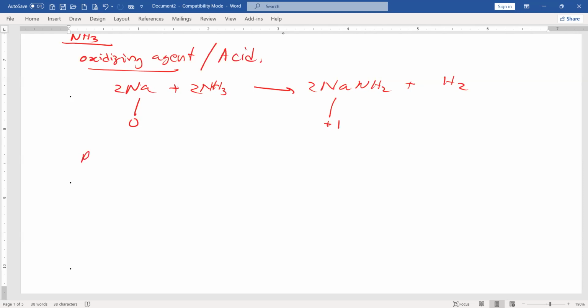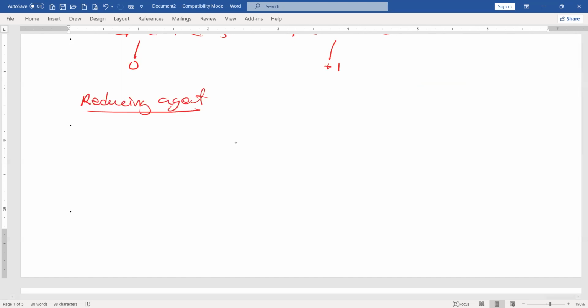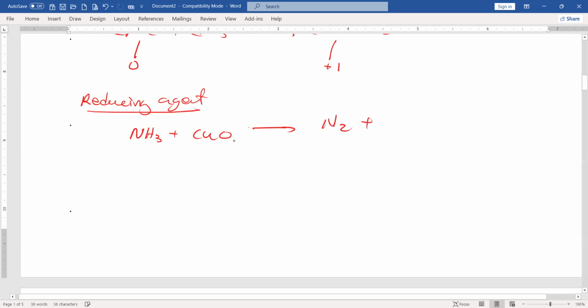Then reducing agent. Ammonia can reduce something else. A very common example, we can take this one. Ammonia plus copper oxide gives N2 plus copper plus water.